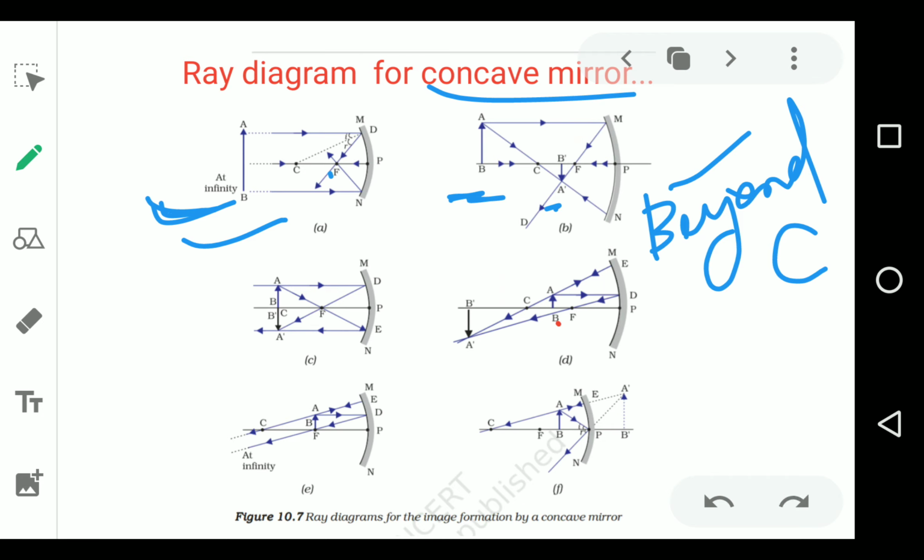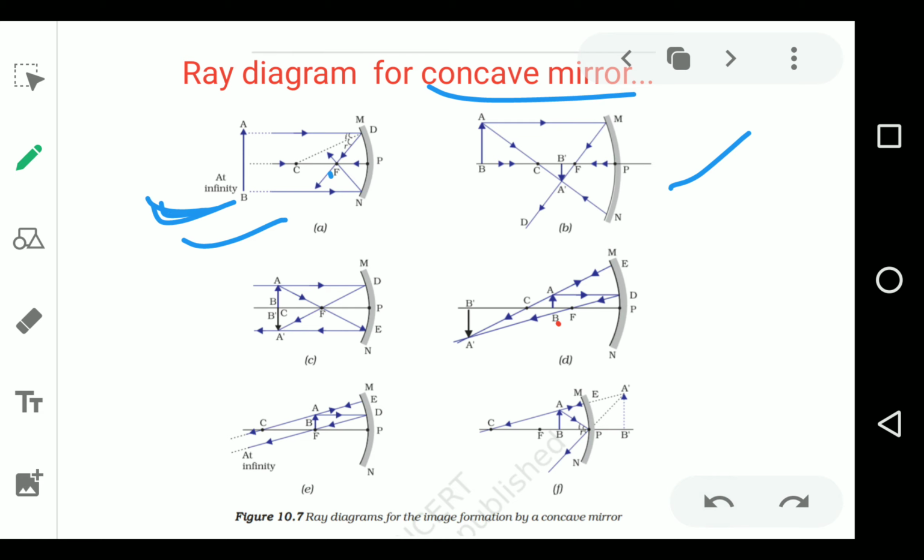So A dash B dash forms the image in the second case, located between C and F. You should remember the position of the image with respect to the object position: when the object is beyond C, the image is formed between C and F.